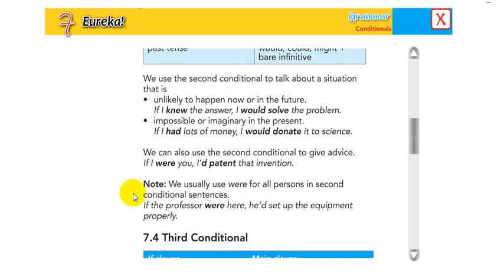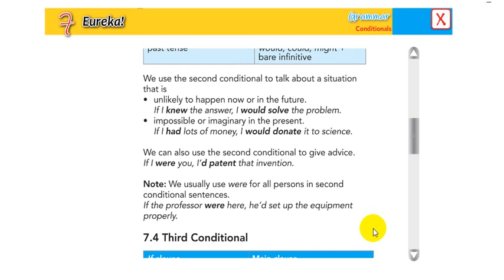subjects. For example, here I said if I were you, I didn't say I was, I said I were. If the professor were here, I didn't say the professor was, I said the professor were, which means we use were for all persons and all pronouns and all subjects, singular or plural.